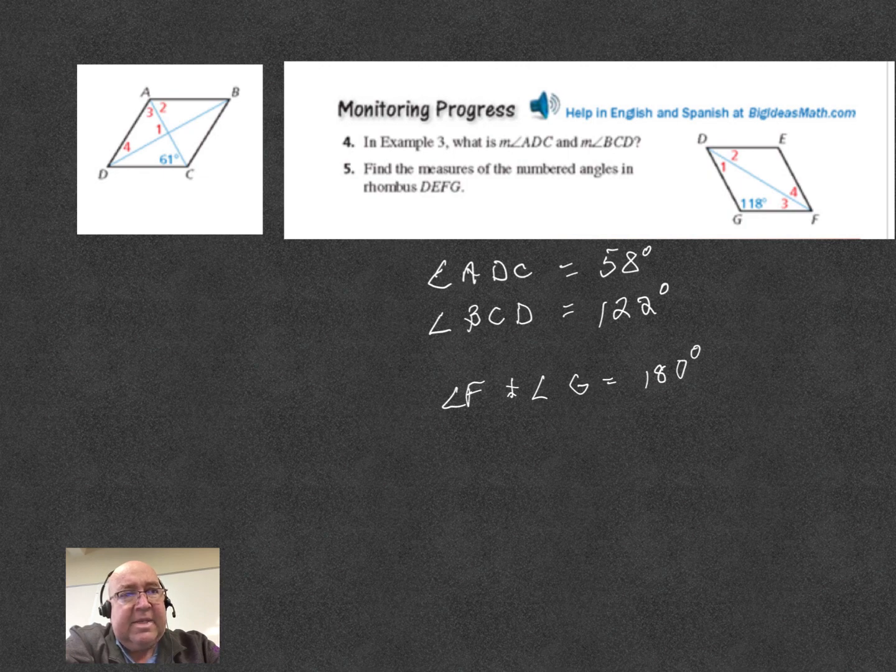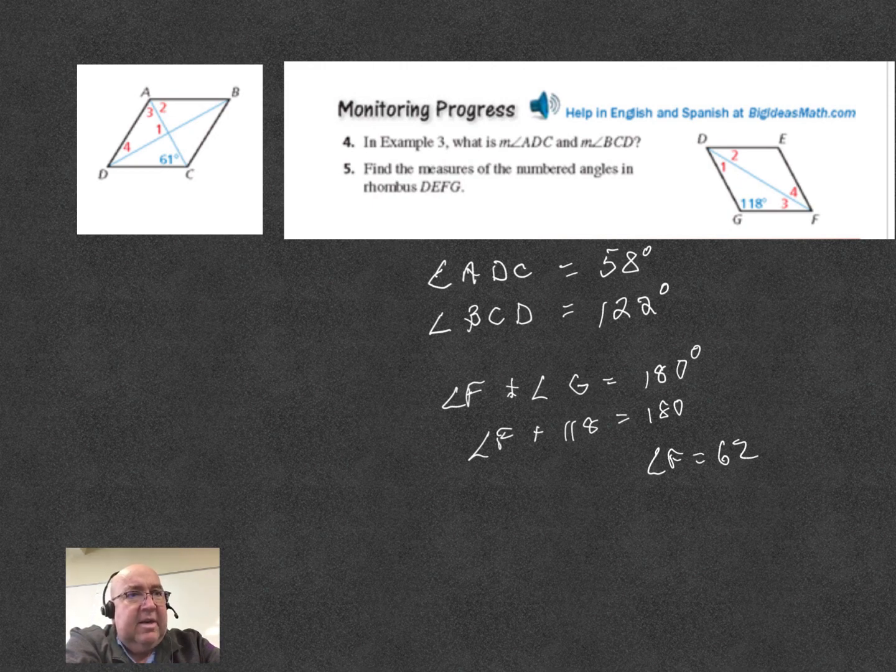By rule, they're supplementary. So angle F plus 118 equals 180. 180 minus 118 is going to be 62. So angle F is equal to 62.